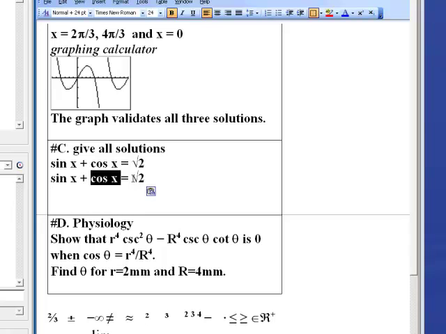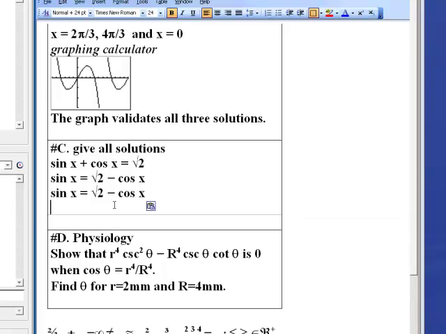So subtract the cosine on the right-hand side. And then I square the whole thing. So square right there. Parentheses around here. There we go.